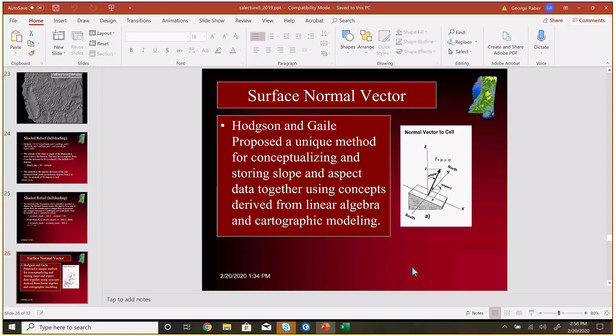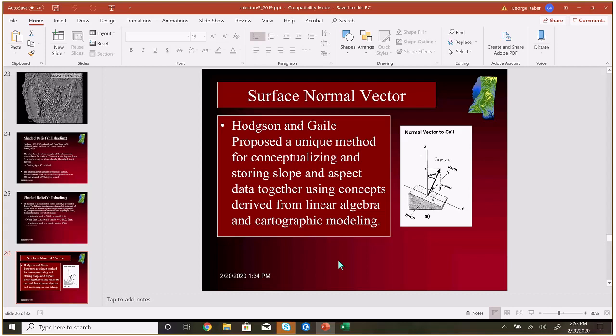In Cartesian coordinates, 0, 1, 2, 3, 4. As it tilts more and more this way, the x value will increase, and the z value will actually decrease, because it started at its zenith, 0, 0, 1. So it will slowly decrease, and at a theoretical 90 degrees, we're not actually going to get 90 because we're using the neighbors, but at a theoretical 90, that surface normal vector would be pointing straight east.